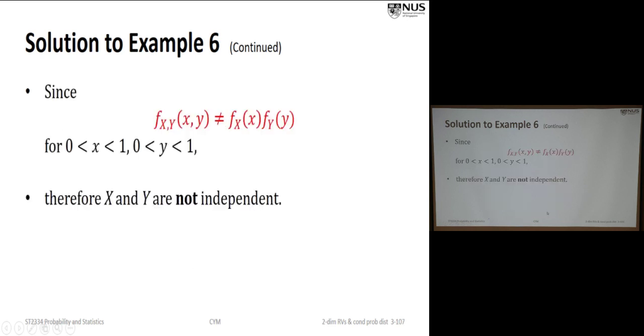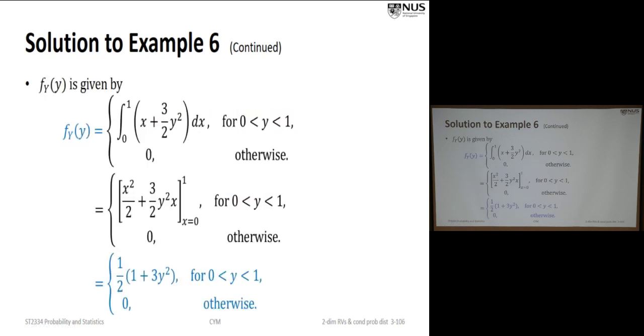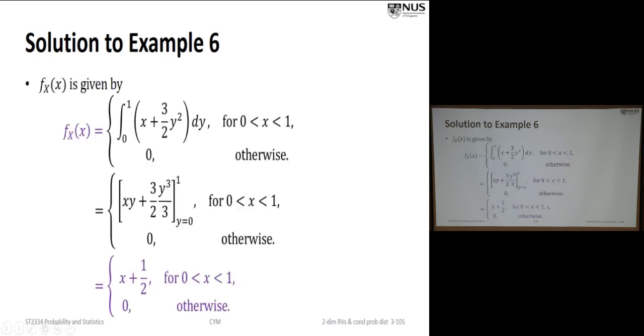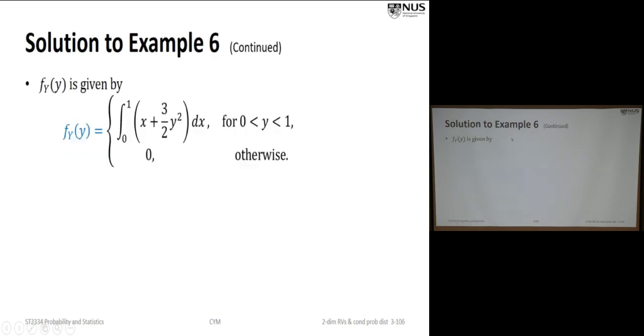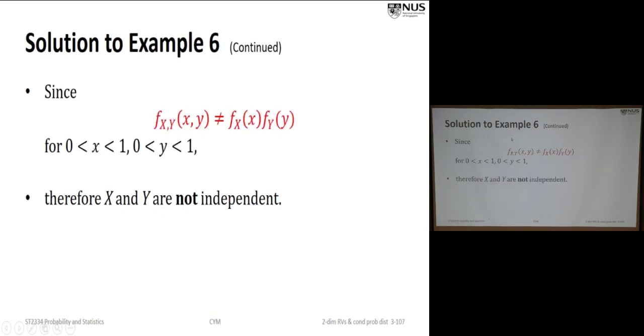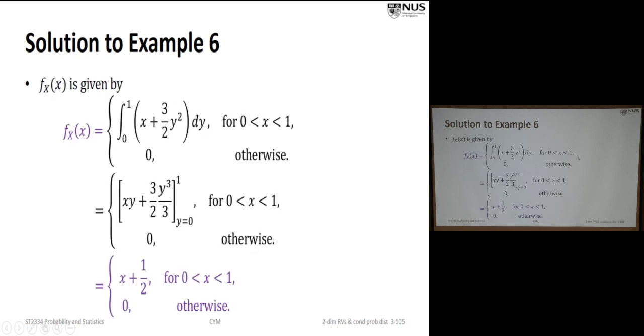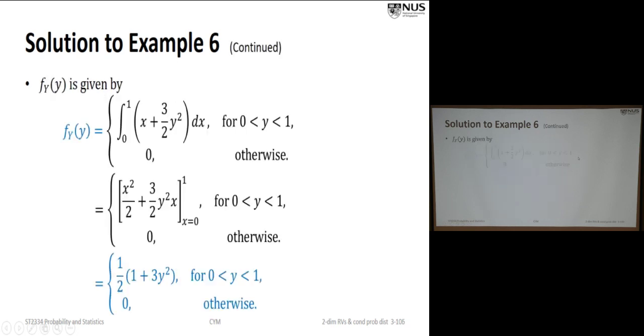Now recall what f of xy is. f of xy is equal to this: x plus 3 over 2 y squared.